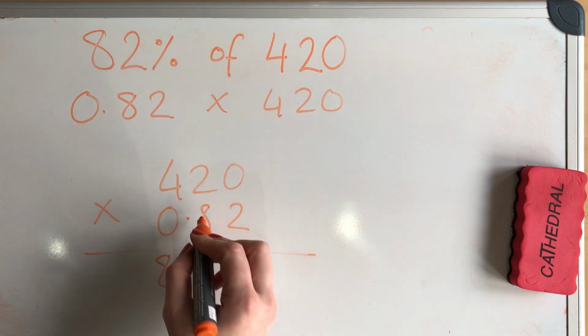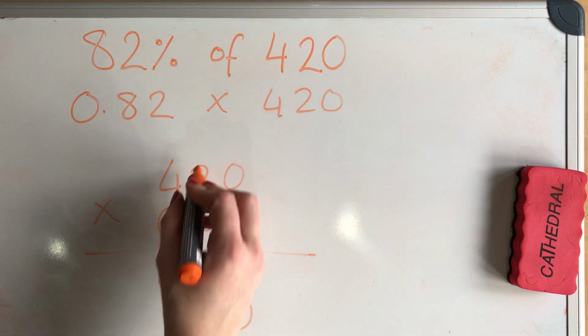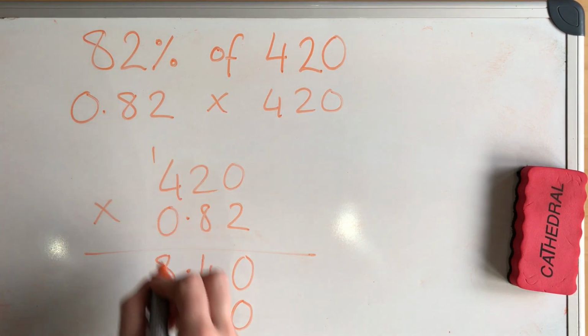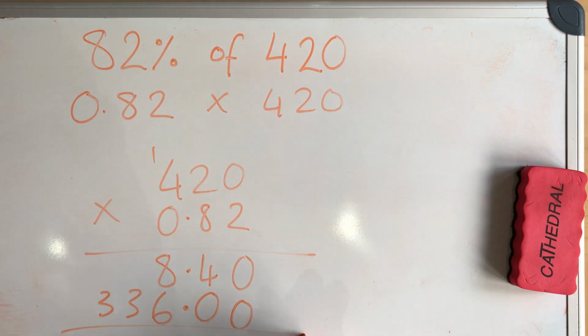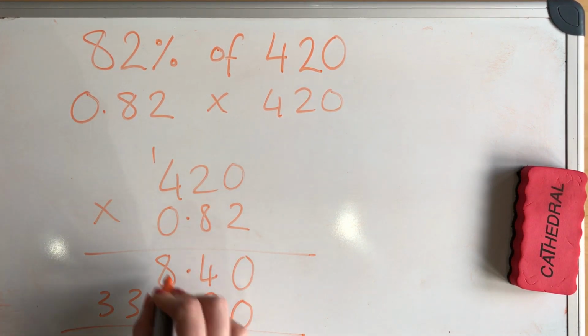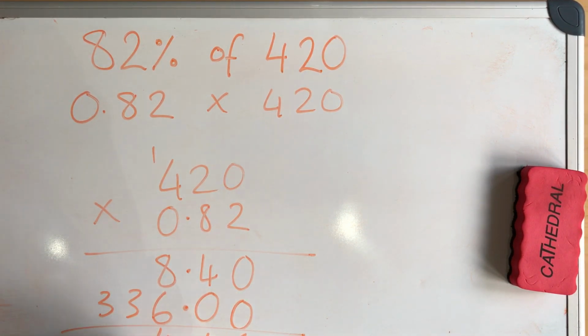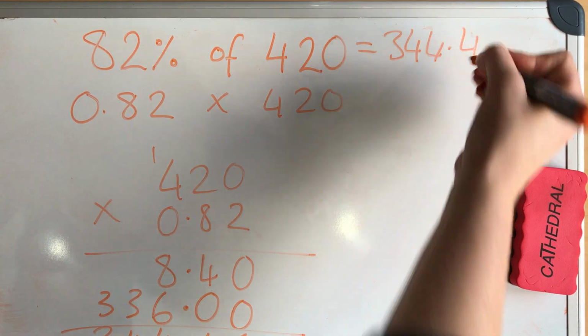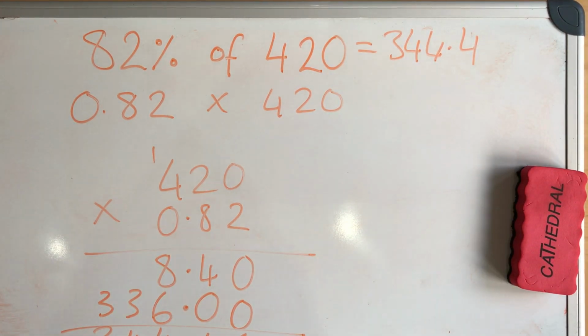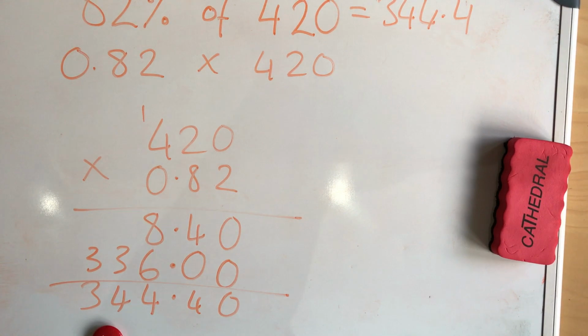Put my 0 in first. 8 multiplied by 0 is 0. 8 multiplied by 2 is 16. Carry the 1. 8, 16, 32, 33. So that's going to give me 344.4. So let me just show you that. There we go.